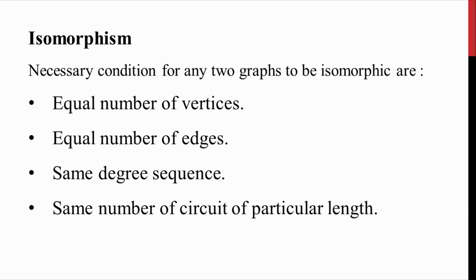Third, the degree sequence of both graphs must be the same. Last, if a cycle of length k is formed by the vertices v1, v2 to vk in one graph, then a cycle of the same length k must be formed by the corresponding vertices f of v1, f of v2 and f of vk in the second graph.